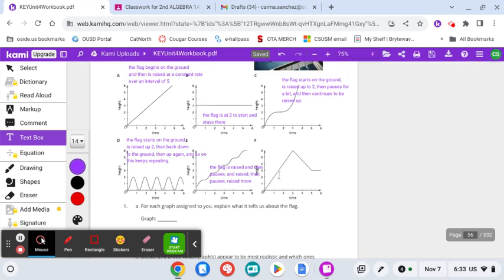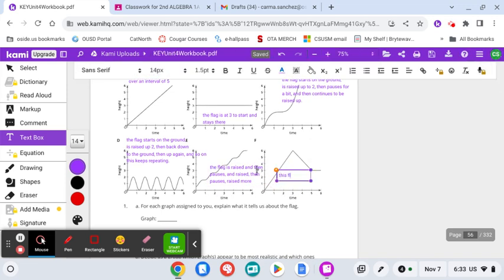This one, this flag starts on the ground, is raised up at a constant rate, then dropped at a constant rate where it stays part way up.